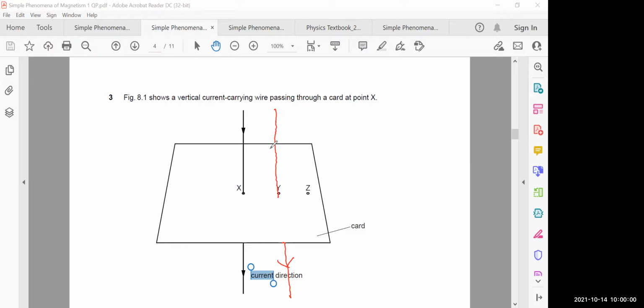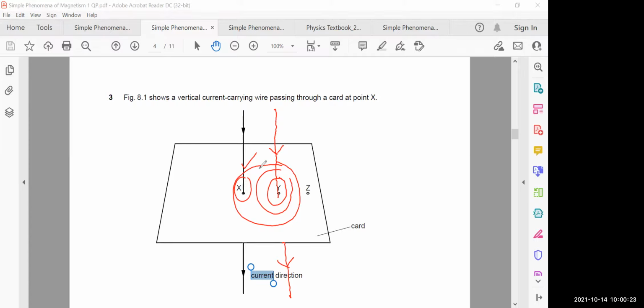At point Y, children. And then what happens with the conductor X? You know that due to the current in wire Y, again, children, a magnetic field will be there. So I will consider that conductor X is in the magnetic field produced by conductor Y. Listen to this explanation carefully, children.